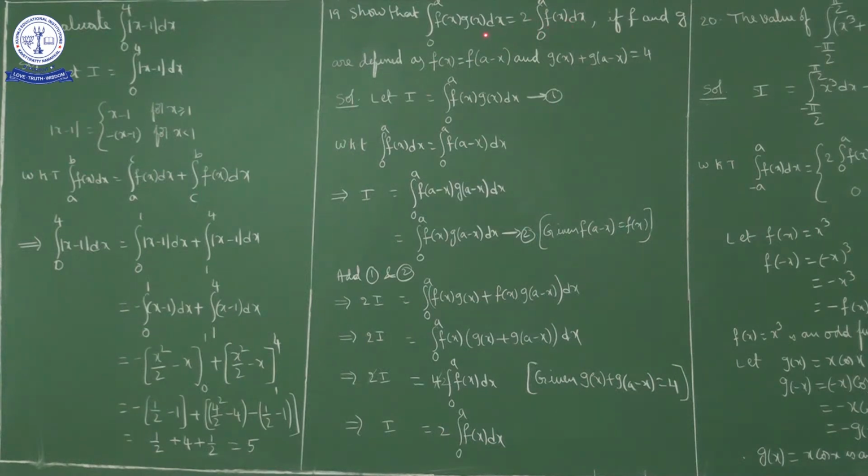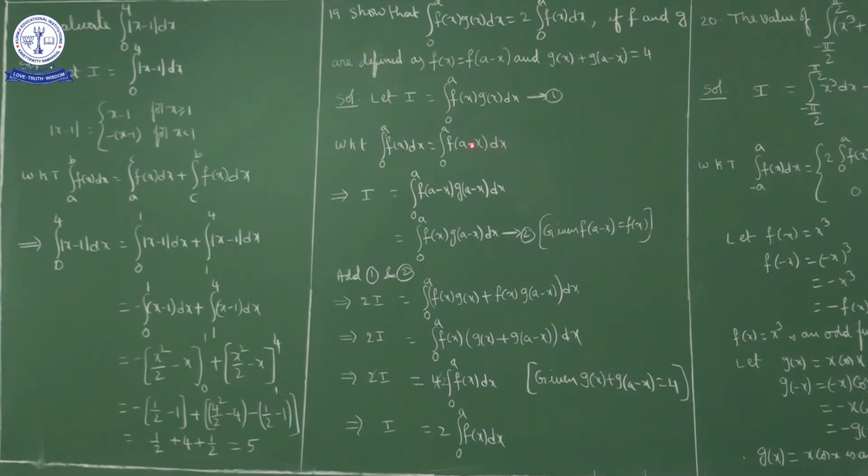Now first of all I will consider this one as I is equal to integral 0 to a f of x into g of x dx. I will mark it as 1. Now we have a property that integral 0 to a f of x dx is equal to integral 0 to a f of a minus x dx.